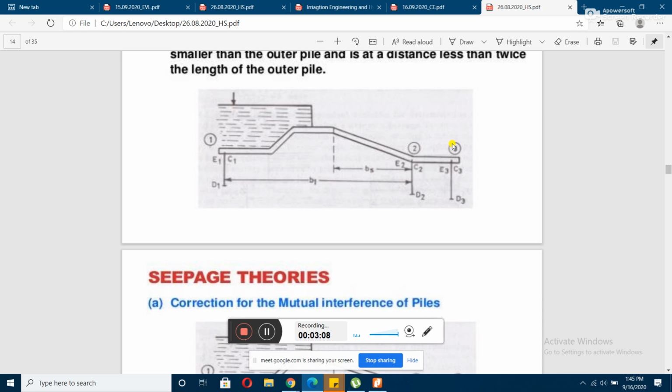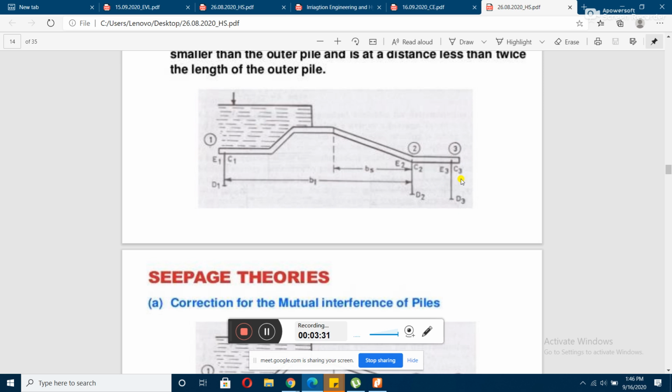So considering those, there will be a change of pressure at E2 as well as C2. There will be a change. This E2 will be changed because of this particular pile, and this C2 will be changed because of this particular downstream pile. So there will be a change of the particular values.